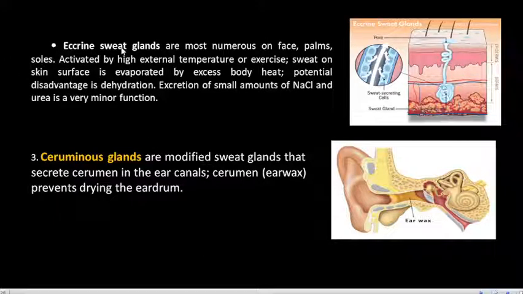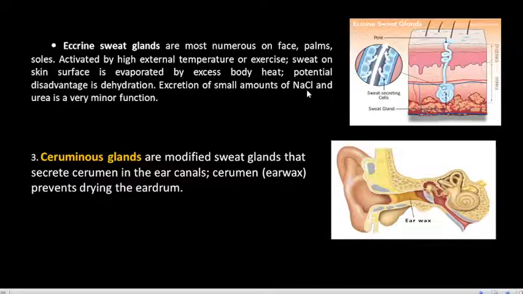Okay, eccrine sweat glands are the second type of sweat glands, no? They are most numerous sa mga face, sa palms and soles of the feet. Activated by high external temperature or exercise, sweat on the skin surface is evaporated by excess body heat, and potential disadvantage is dehydration.